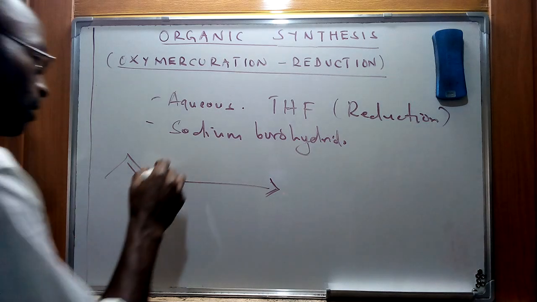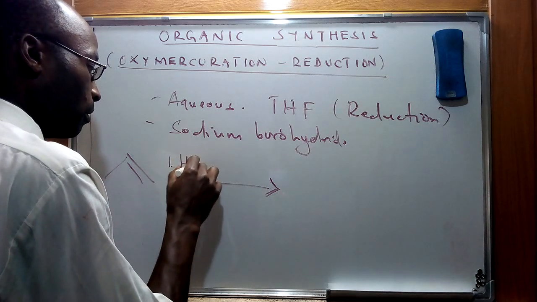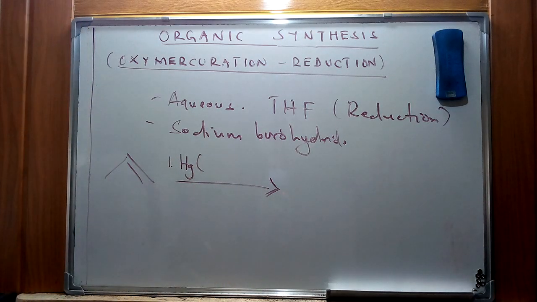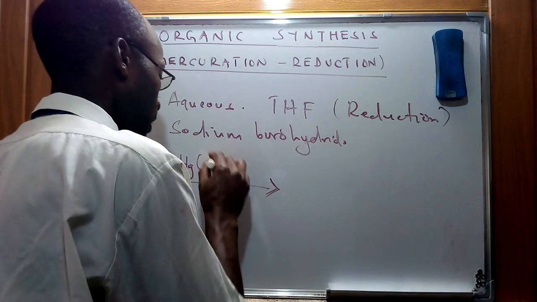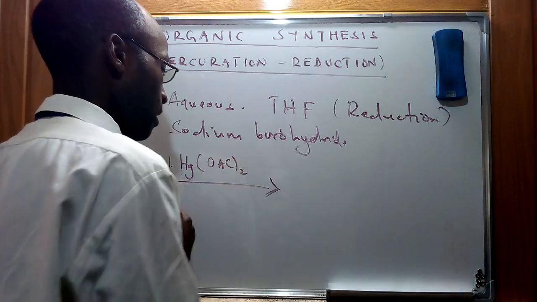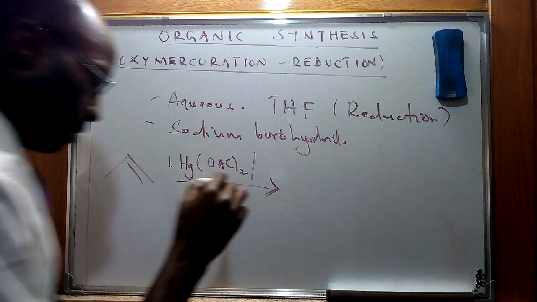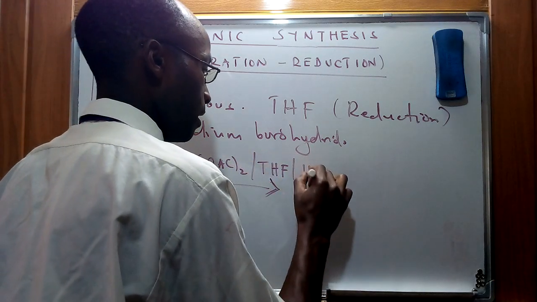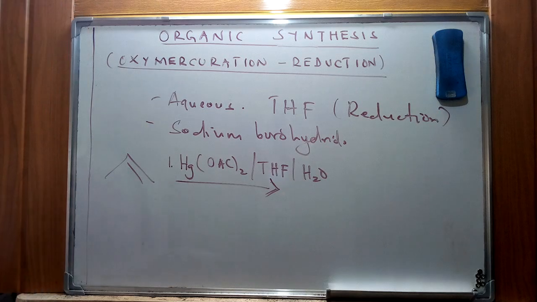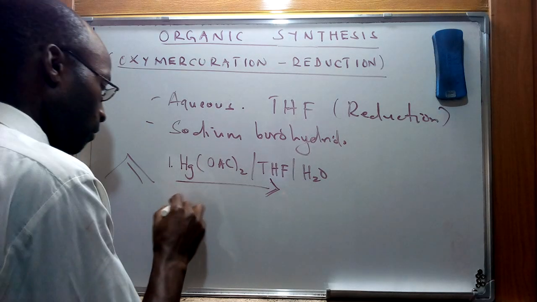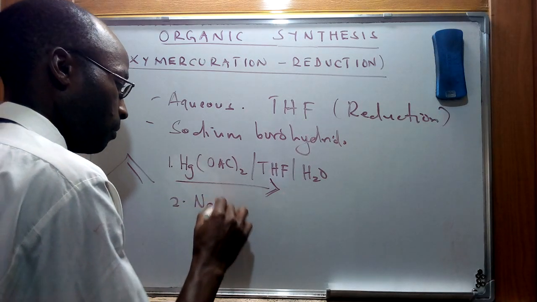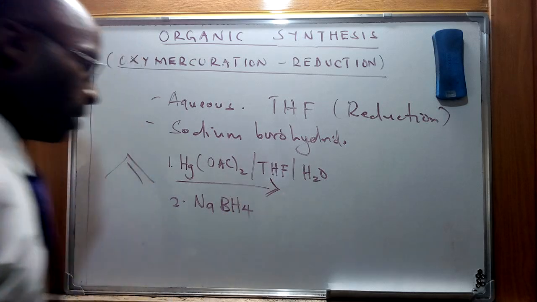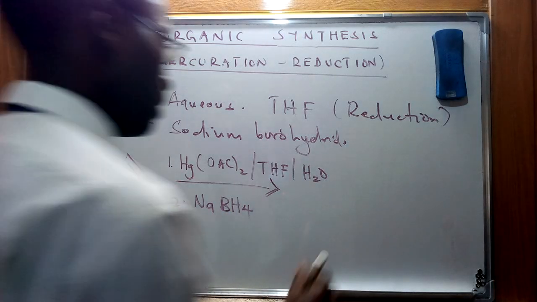We have mentioned that first we're going to have an organomercury, which is mercury acetate. This mercury acetate is going to be in combination with tetrahydrofuran, and water is going to be involved. Then we're going to have the second step, sodium borohydride, as such.